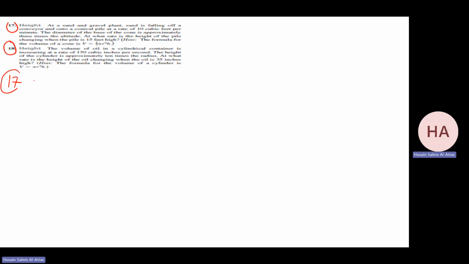So you have V equals 1 over 3 pi r squared h. What is the information given? dV by dt equals 10. The diameter of the base, which is 2r, equals 3 times the altitude, 3h.